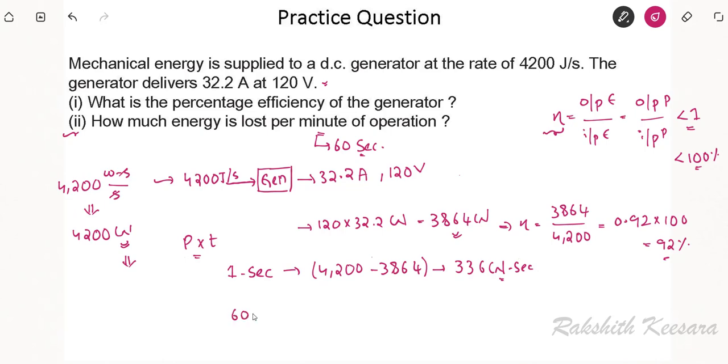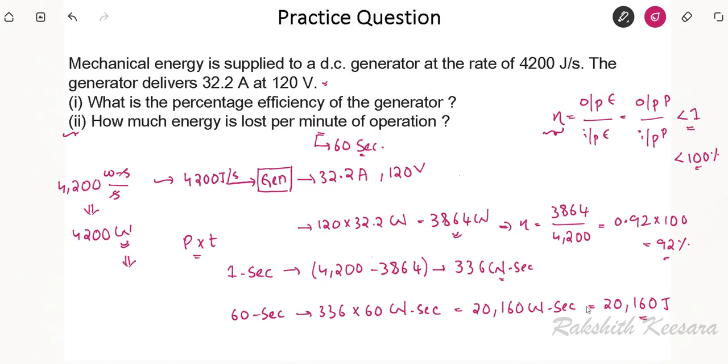So for 60 seconds the energy lost will be 336 into 60 watt second, that is 20,160 watt second, which I can also write as 20,160 joule.